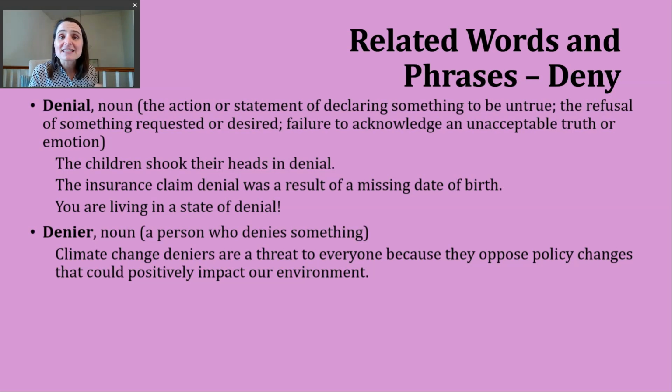An example of this in a sentence might be, climate change deniers are a threat to everyone because they oppose policy changes that could positively impact our environment. So there are people in this world who refuse to believe, refuse to acknowledge the truth that our climate is changing, the planet is warming, and that this can have really catastrophic effects on all of our lives.